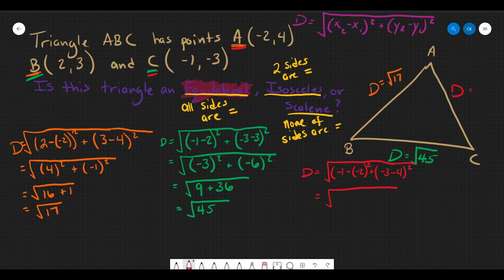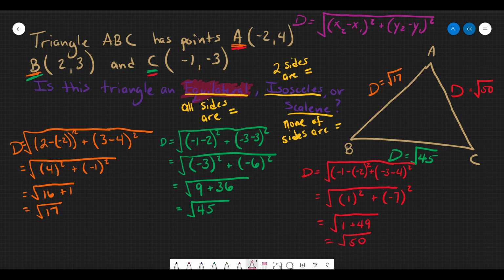So I go to simplify this. -1 minus -2, this is -1 plus 2, which is actually 1. And then -3 minus 4, this is going to be -7 squared. So 1 squared is 1. -7 squared is 49. So this is going to end up being the square root of 50.